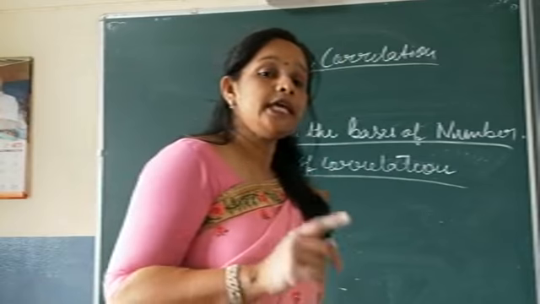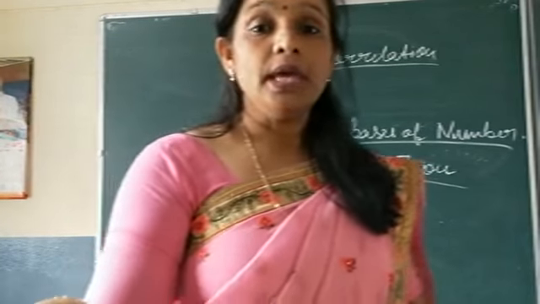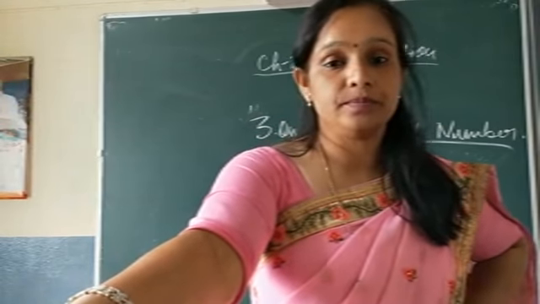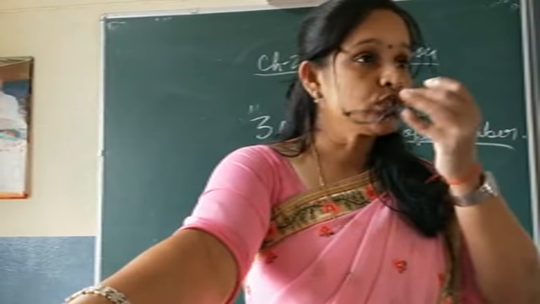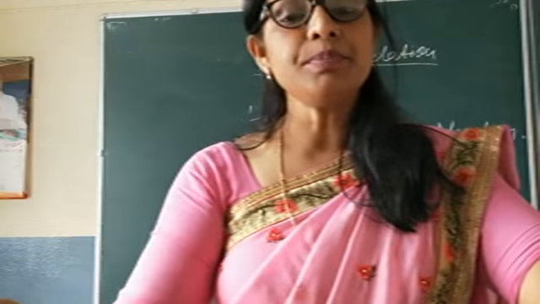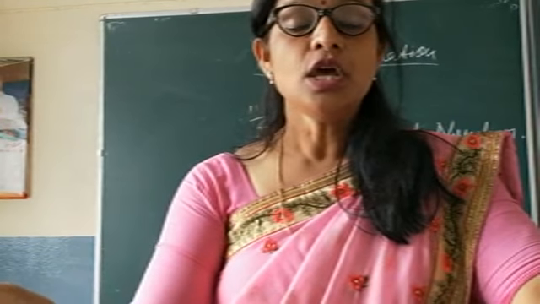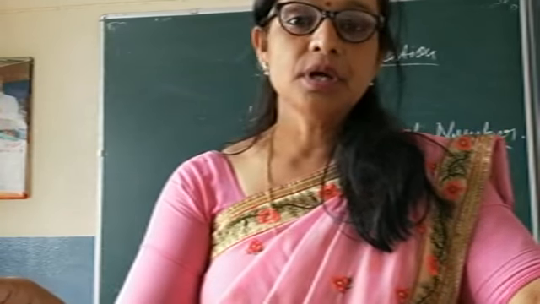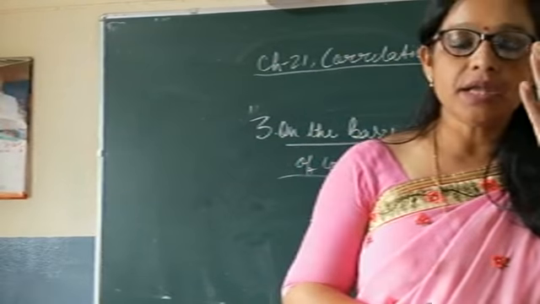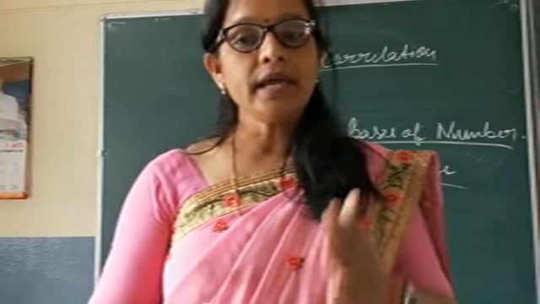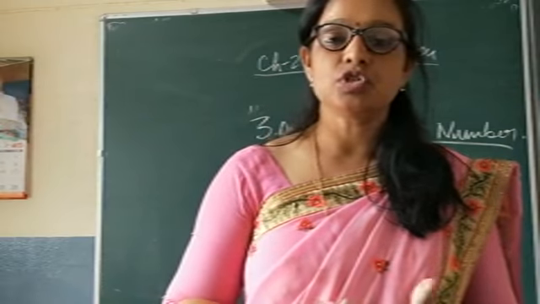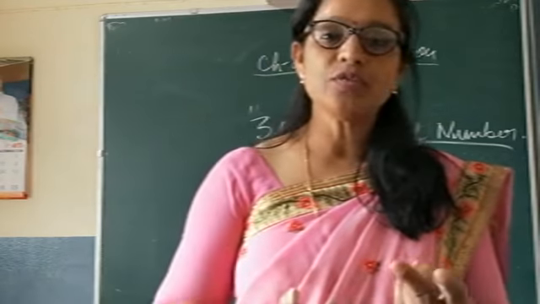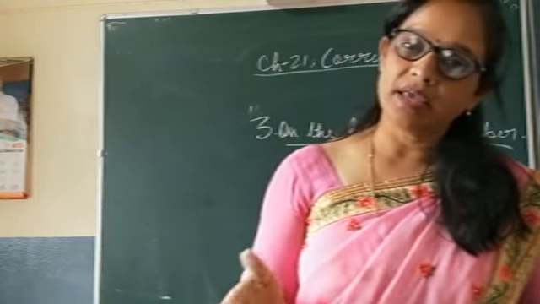Under this write, it is of three types. Write the first one, simple correlation. When only two variables are involved, we call it simple correlation. Full stop. For example, price and demand, only two variables, price and supply, etc.